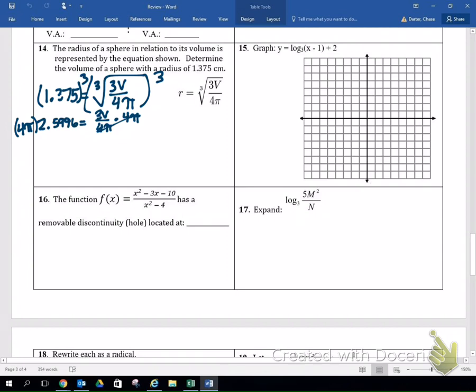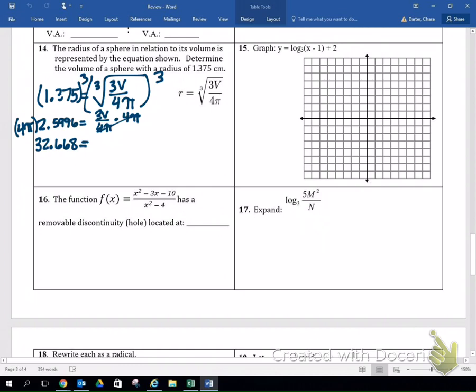And if you just type that in your calculator and do 4 pi times that rounded decimal there, you get 32.668 roughly, which is equal to 3V. For those science fans out there, in the original question it gave me 3 decimal points or 4 sig figs, so we'll just keep using our 3 decimal places.